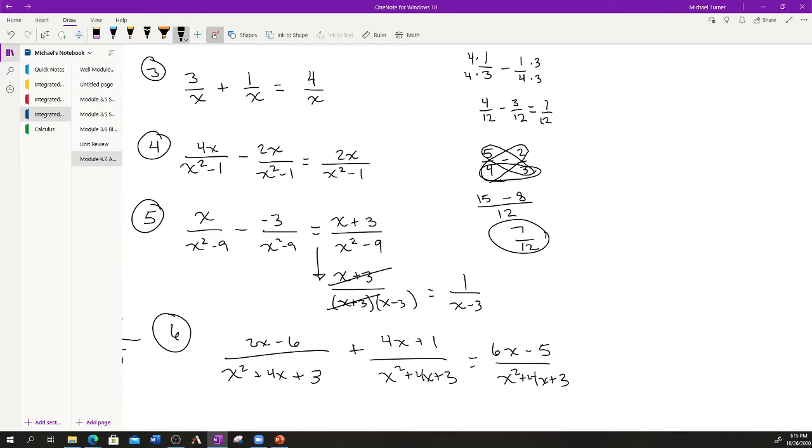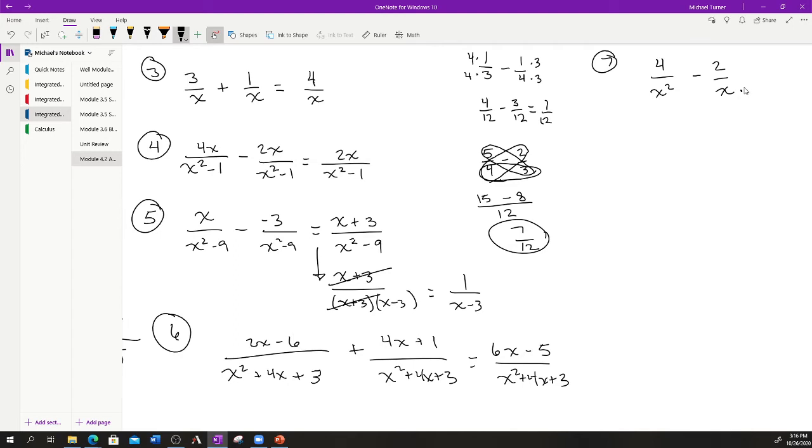So let's take a look. Let's say I have 4 over x squared minus 2 over x, for instance. Now, here, because I know that the only factors of x squared are x times x or 1 times x squared, what you can do is just change one of these fractions so that they have the same denominator.